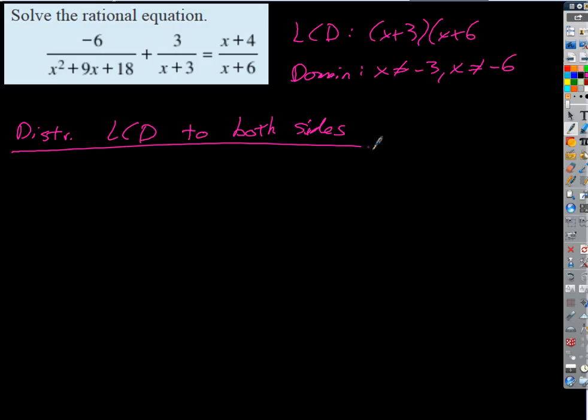If I distribute the least common denominator to both sides, what do we get? Well, if I multiply this fraction by it, it just goes away, doesn't it? Everybody agree? Do you want me to write that step out? Maybe I will.